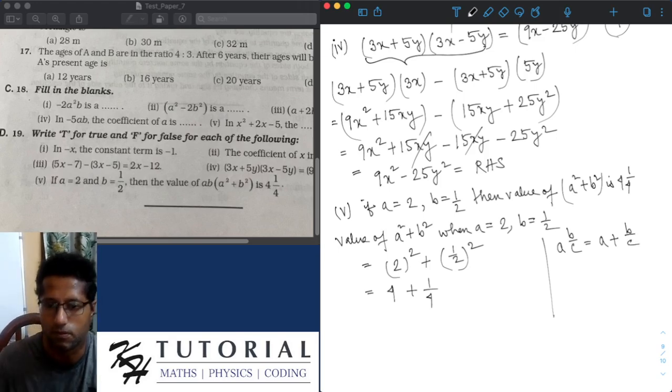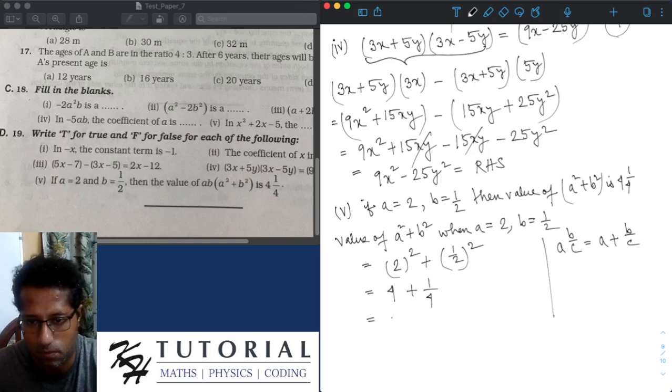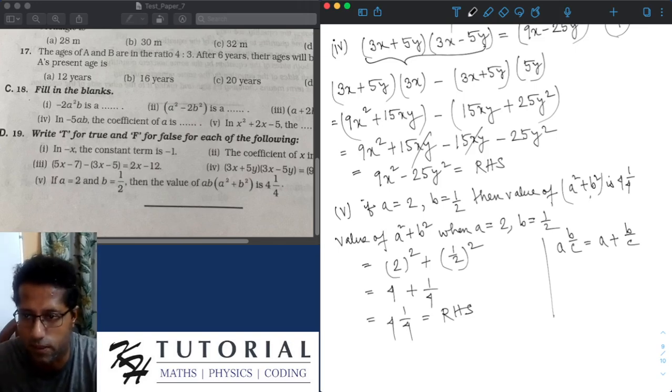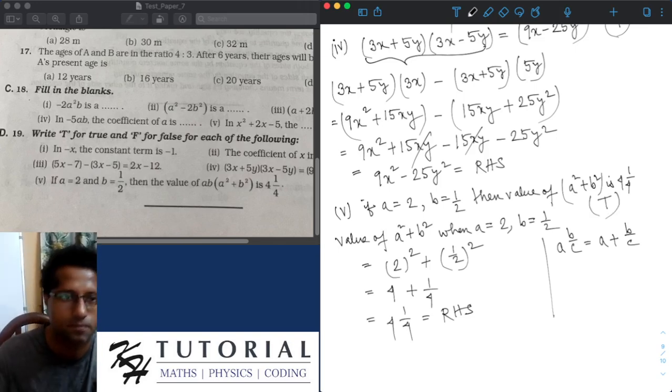So using this concept, we can say this is equal to the mixed fraction 4 and 1 by 4. This is equal to RHS, that is given. So this is a true statement.